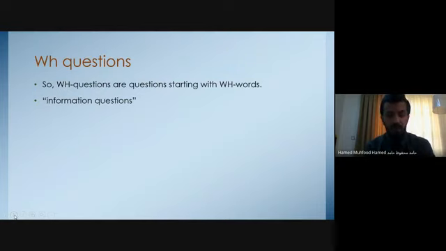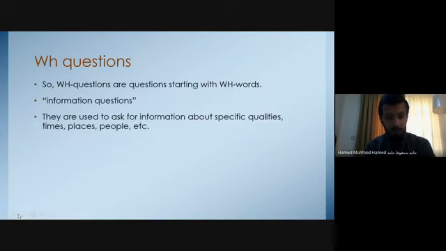I demand details. And that's why we called it information questions, right? And this is the difference between yes-no questions and WH questions.